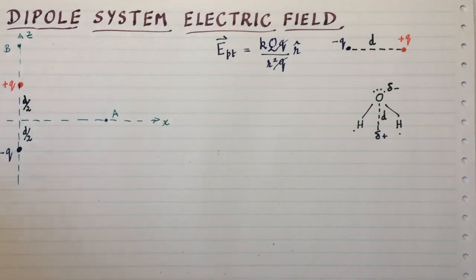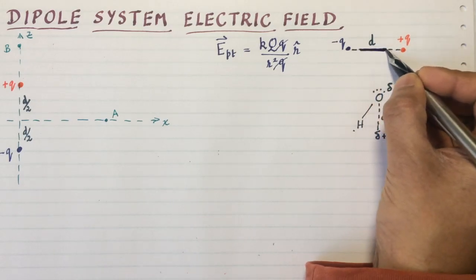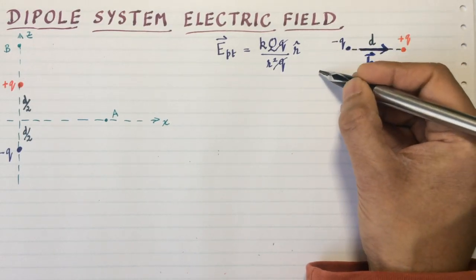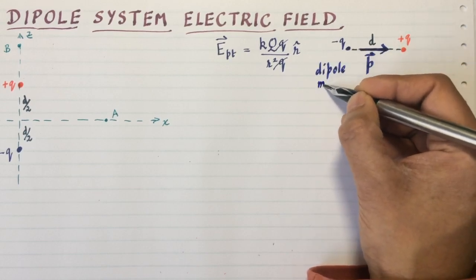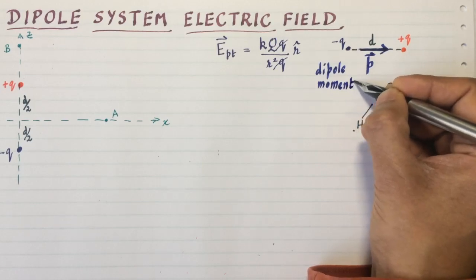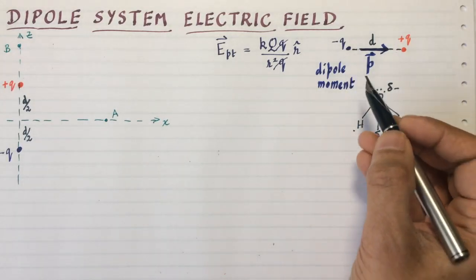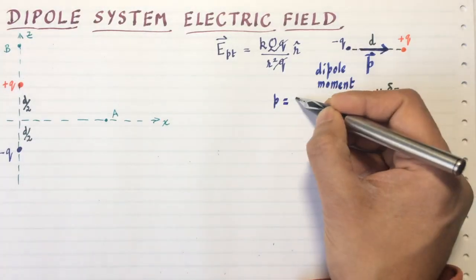Now, there is one important quantity of the dipole that needs to be mentioned, and that's called the dipole moment. The dipole moment is indicated by the symbol P, and it's just a vector that points from the negative charge of the dipole to the positive charge of the dipole. The direction is from negative to positive, and the magnitude of the dipole moment is simply q times d.